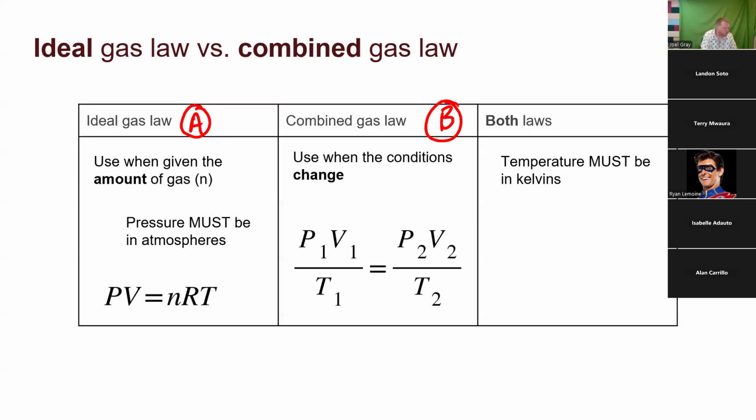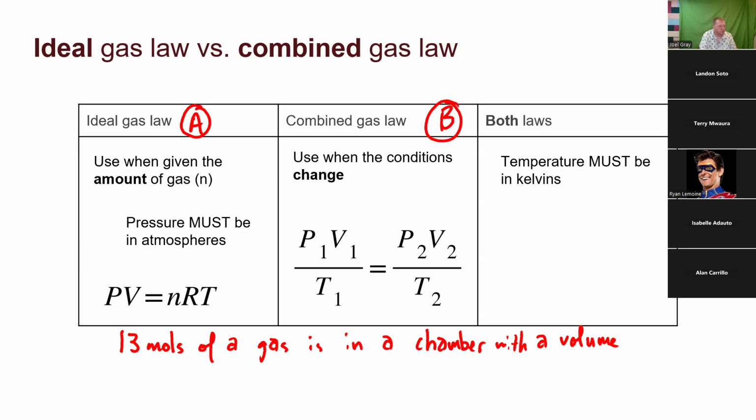So here's our scenario. 13 moles of a gas is in a chamber with a volume of 4.7 liters at 9.2 ATM and 42 degrees Celsius.